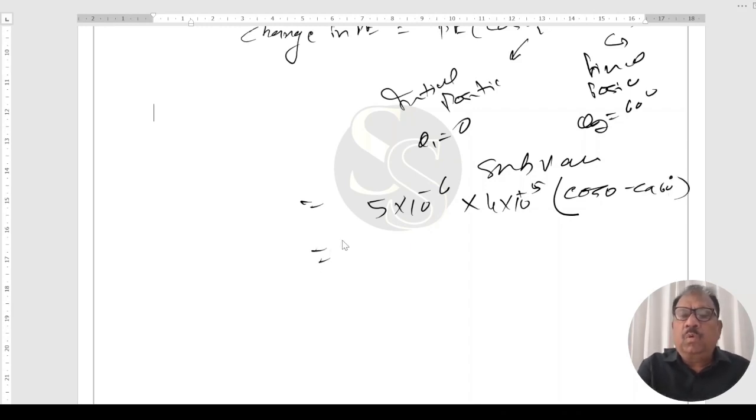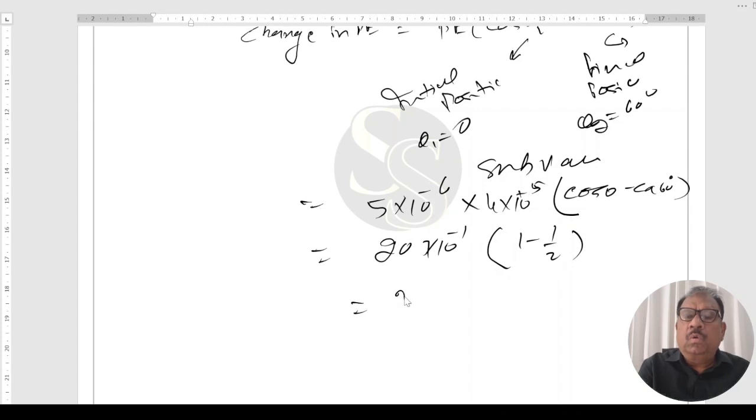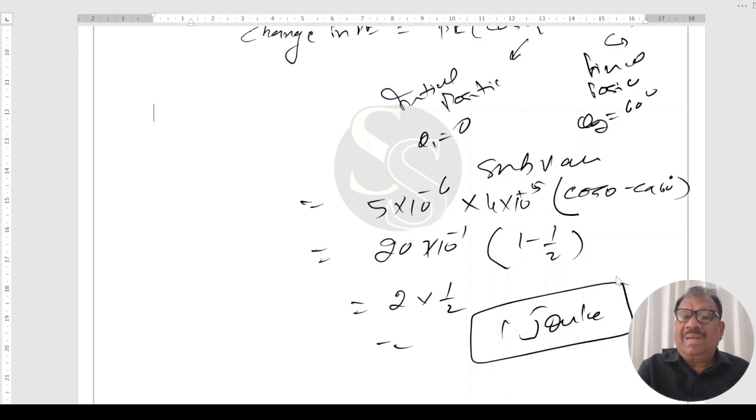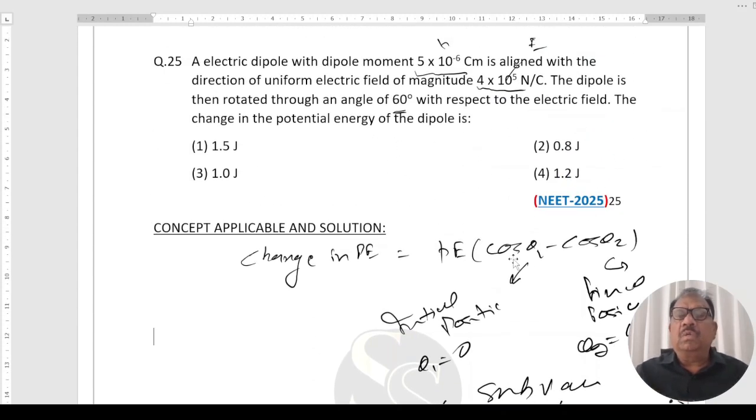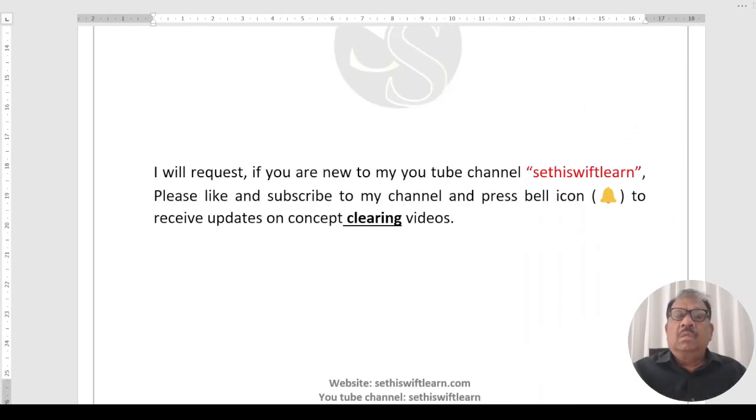This comes out to be 20 into 10 to the power minus 1 into (1 minus 1 by 2), that is 2 into 1 by 2, which is 1 joule. 1 joule is the correct answer. The third option is the correct answer.